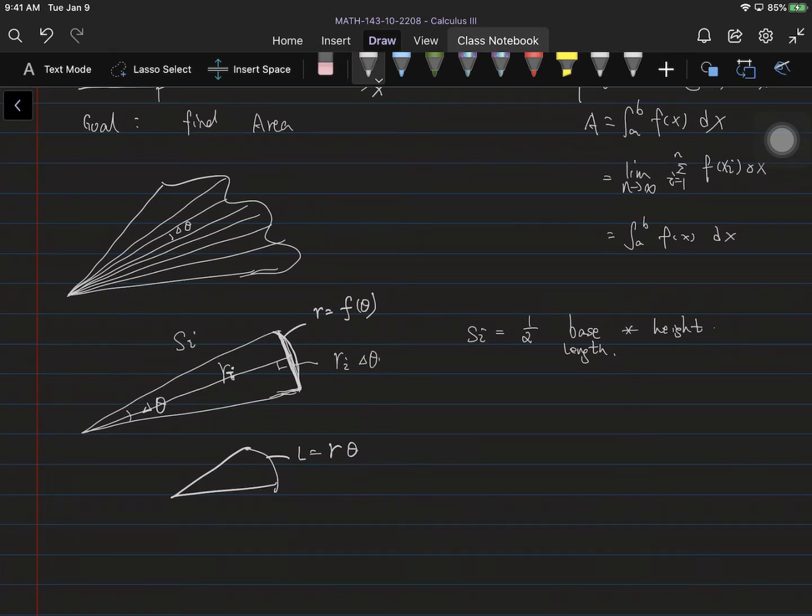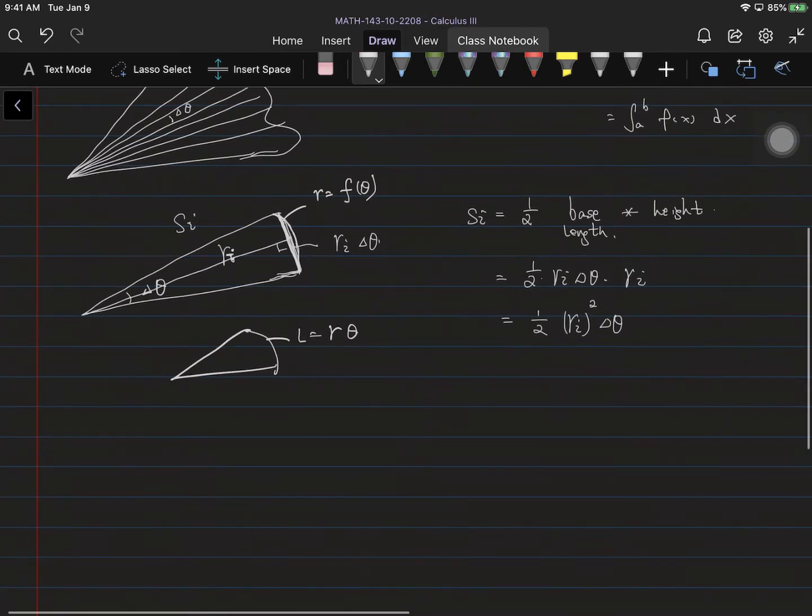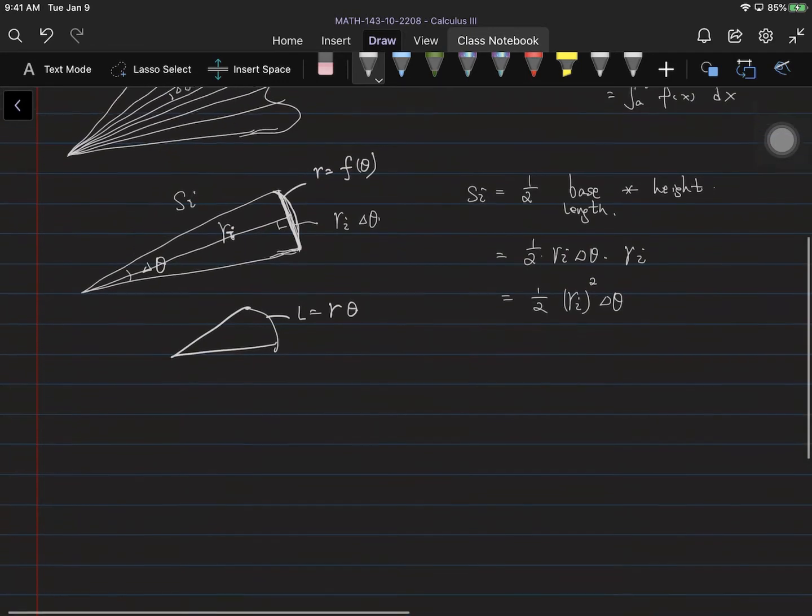Delta theta. Right? Okay, so right now let's write down our Si, which is 1/2 ri delta theta times another ri. So we can combine the ri together: Si equals 1/2 ri squared delta theta. That is the small piece area, right?